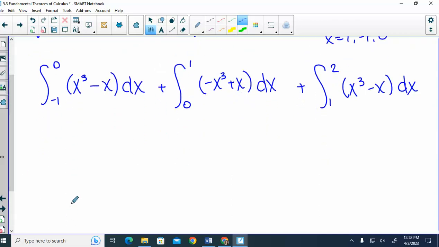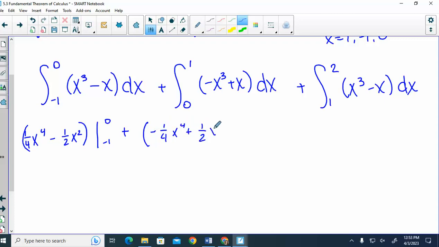So now, start working it out. Antiderivative of x cubed minus antiderivative of x, and we're doing that from -1 to 0. Then -x cubed would be -1/4 x to the 4th plus x, so that's 1/2 x squared, from 0 to 1.